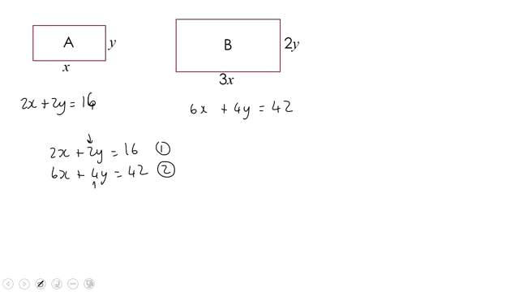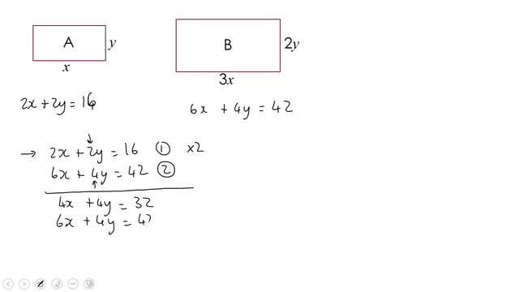We've got 2 and 4. 2 goes into 4 twice, so I can just multiply through the top equation by 2. Doing that then makes the following equation 4x plus 4y equal to 32, and the bottom one stays as 6x plus 4y equals 42. We call this equation 3 and equation 4 because we changed them.